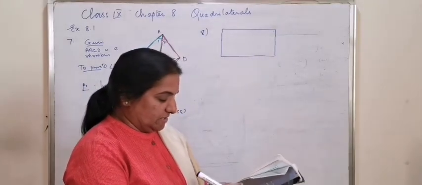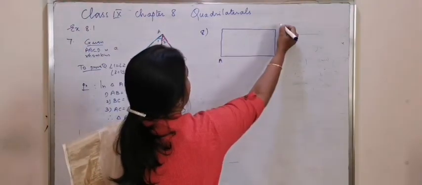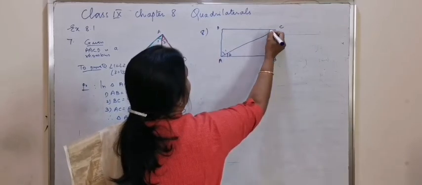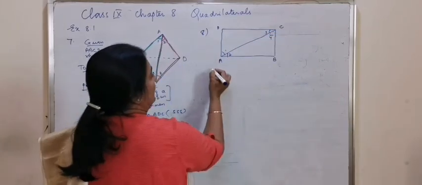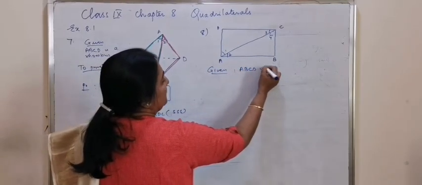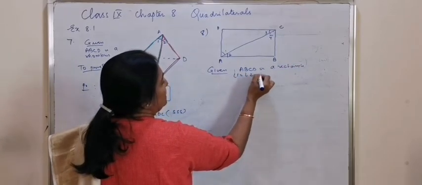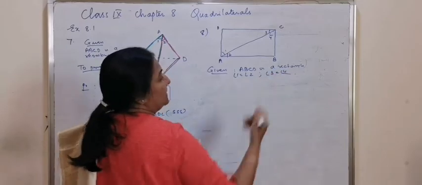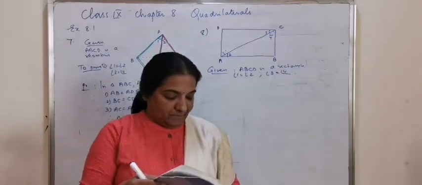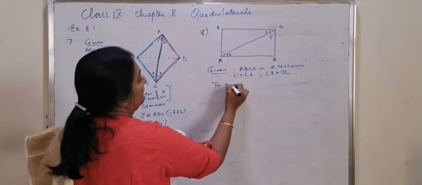ABCD is a rectangle in which diagonal AC bisects angle A as well as angle C. Given ABCD is a rectangle, angle 1 is equal to angle 2, angle 3 is equal to angle 4, angle A and angle C. Show that, first part, ABCD is a square.